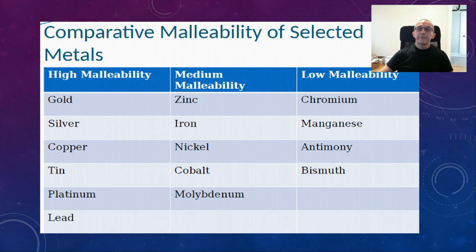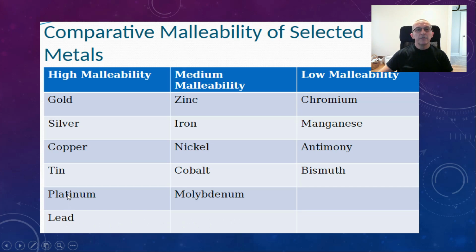This is the comparative malleability of different metals. Now, as we see here, between the ductility and malleability, we have the high malleability here of the gold, silver, copper, tin, and platinum, but we can also see that lead now is transferred over to the high malleability.